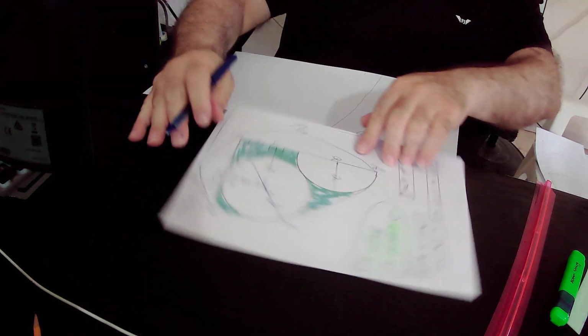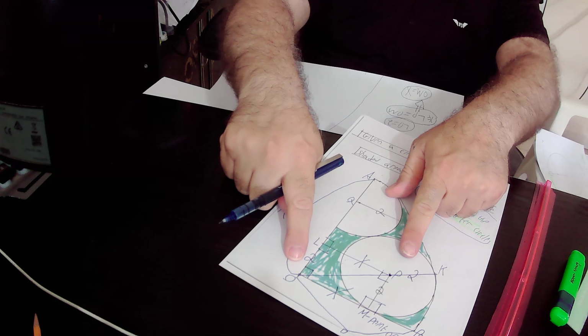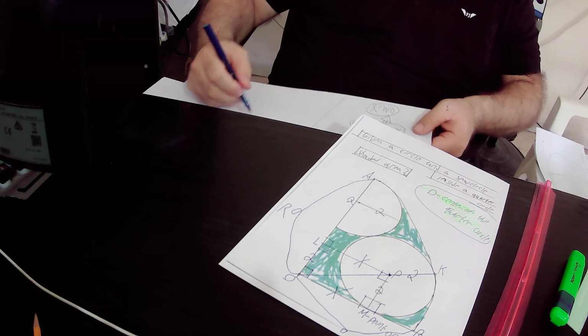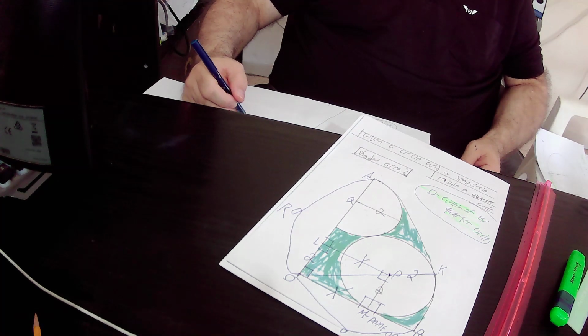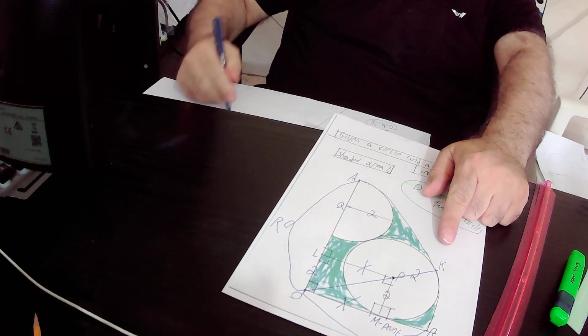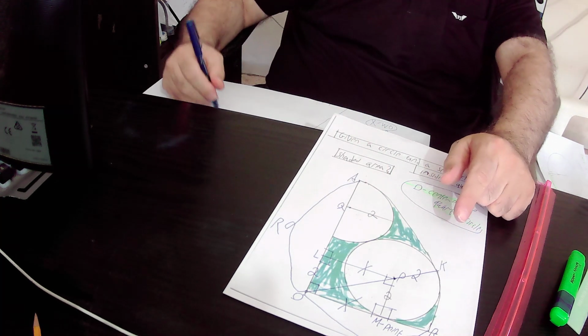And what is the length of line segment OP? From the drawing, it is very easy to see that the length of line segment OP equals OK minus PK.